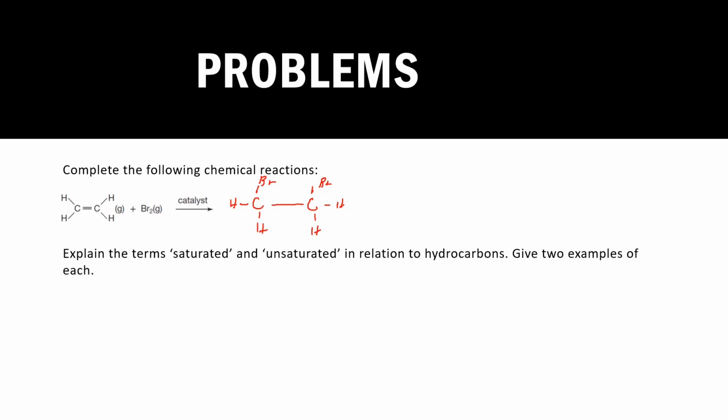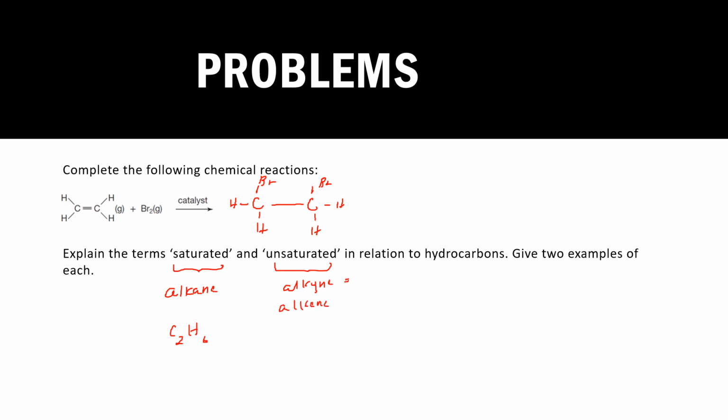Explain the terms saturated and unsaturated in relation to hydrocarbons. Give 2 examples of each. Like I said before, saturated means only single bonds between carbons. For example, alkane is saturated, and we can give C2H6, ethane. Unsaturated means alkyne or alkene.